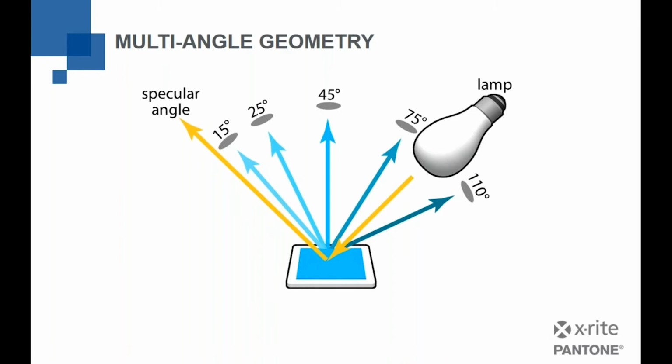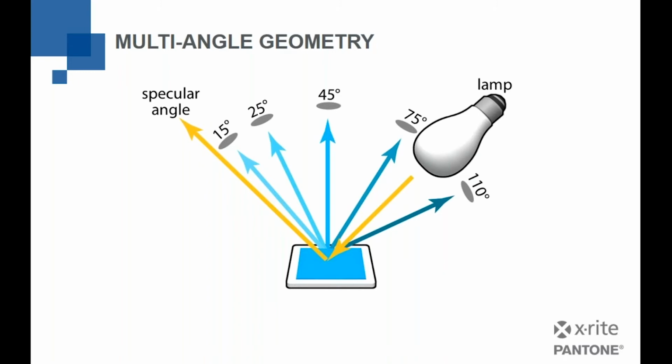So it's essentially presenting light to the sample exactly the same way a 45-0 instrument does. But instead of just measuring at one spot, what's labeled 45 degrees here, perpendicular to the surface, it's also measuring at, in this particular example, a total of five angles. We have instruments that will go all the way to 12 angles of data to capture how the color is changing depending upon viewing angle.